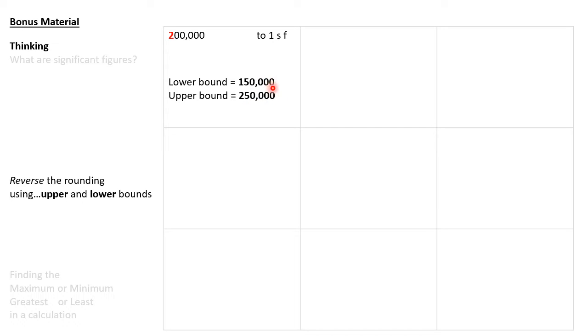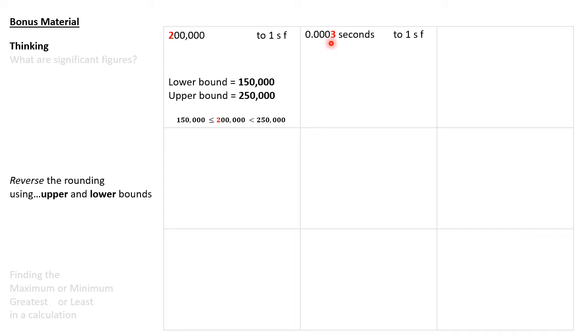And any number in between those 2 points would round to 200,000 to one significant figure. So what we're doing is jumping from that 2 to the next column, and I need to go 5 above and 5 below, or in this case 50,000 above and 50,000 below. And I could write it as an inequality if I wanted to.